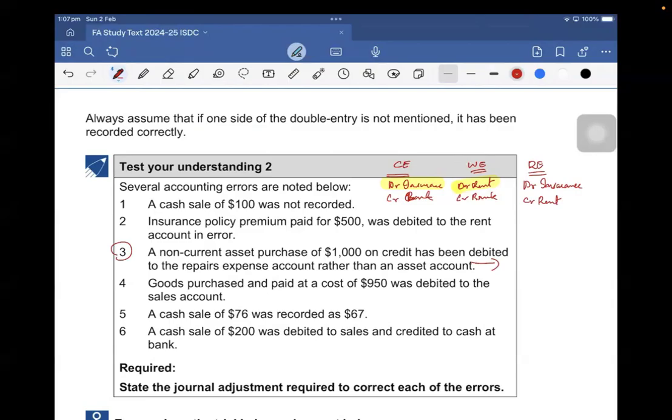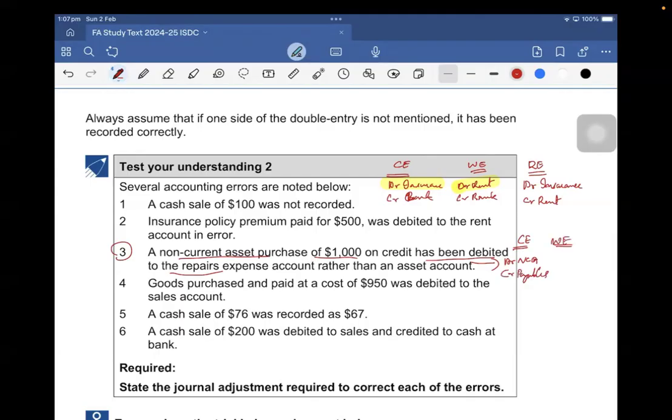An NCA purchase of 1,000 on credit has been debited to the repairs account rather than an asset account. The correct entry should be debit NCA 1,000 and credit payables.